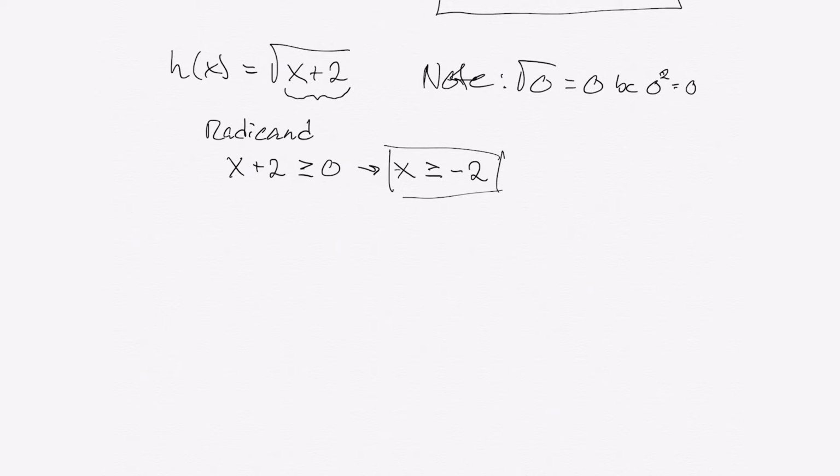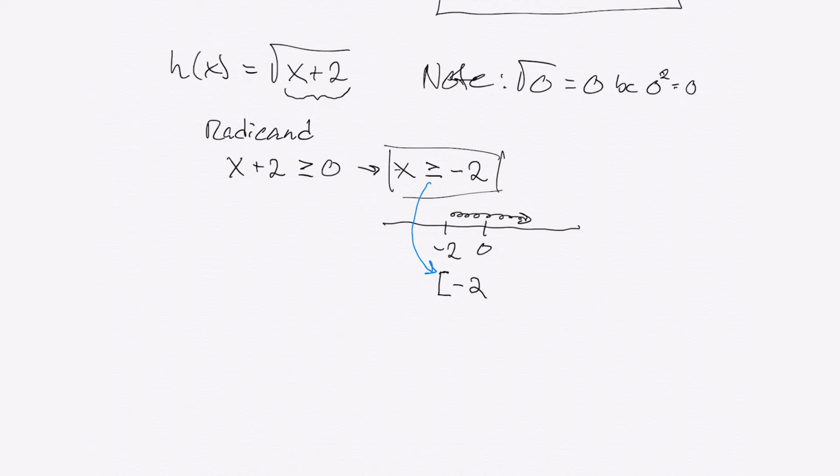Using interval notation, well, let's actually look at a number line first. Sometimes I like to look at my values on a number line. Here's 0, here's negative 2. The x values that are greater than or equal to negative 2 are over here, and they go all the way up to positive infinity. So in interval notation, I'm going to include the value of negative 2 because we have a greater than or equal to symbol.